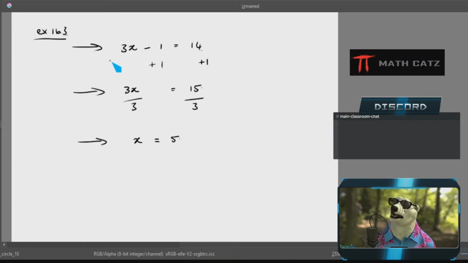The first one was just a little bit hiding what that x's value actually is. So I'm looking at rephrasing it until I can very easily see what it is. So it's a step up from changing a multiplication sentence to a division sentence, but the result is the same.